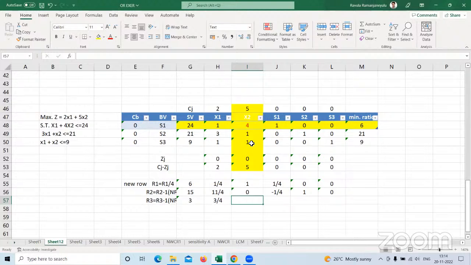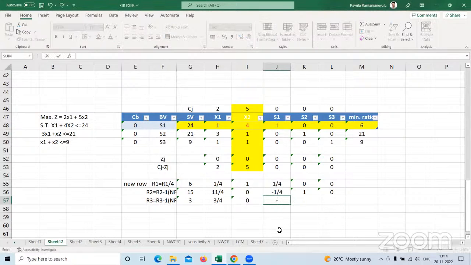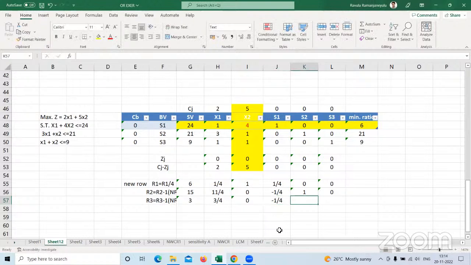You have 1 minus 1 into 1, 0. So 0 minus 1 into 1 by 4, minus 0 minus 1 into 0, 0. Is this correct or wrong?